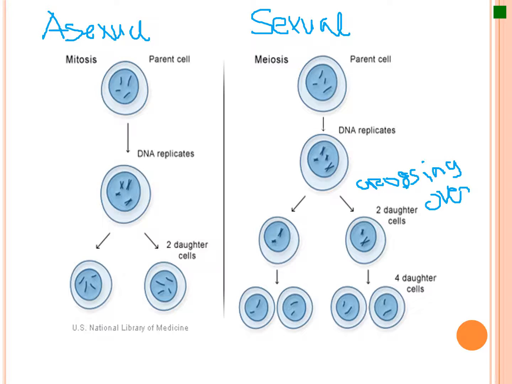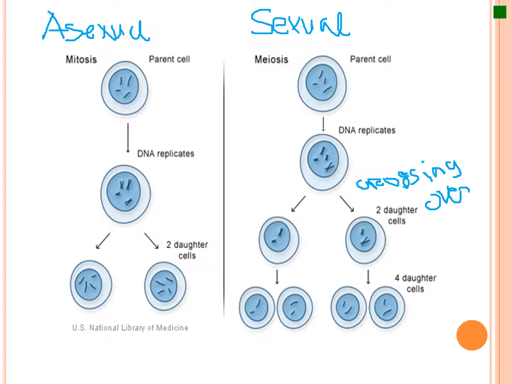Once they switch locations, you have a different order of those base pairs that we talked about before. The genetic code looks a little bit different, and that will result in the offspring having different characteristics than the parent cell.